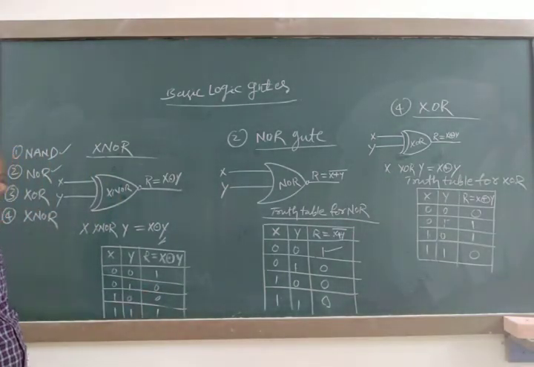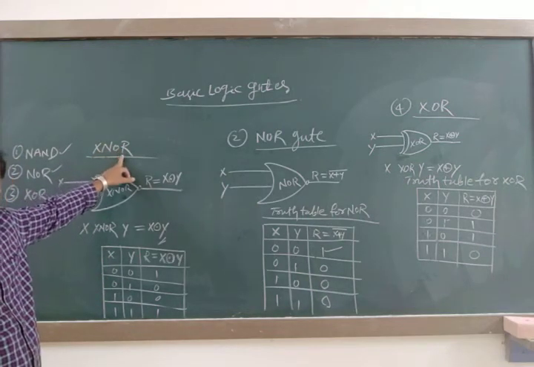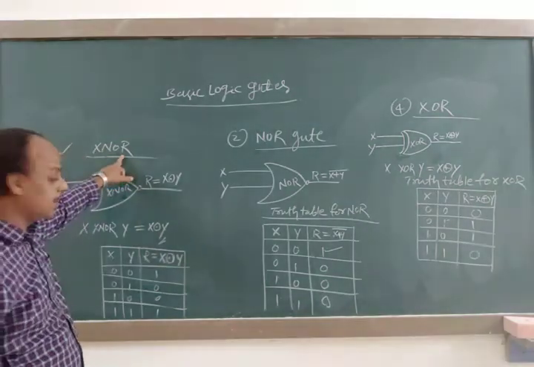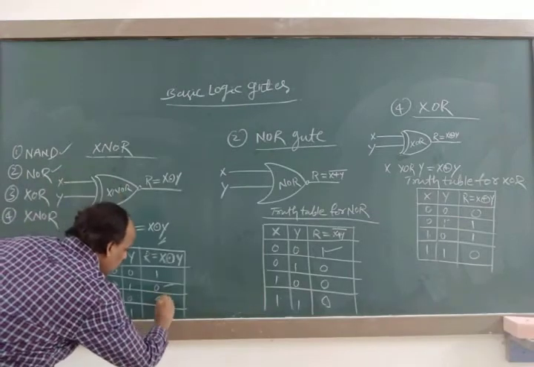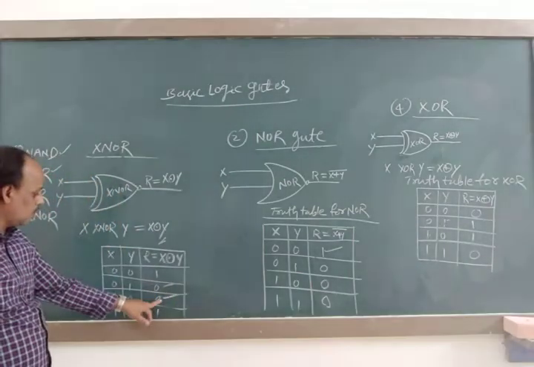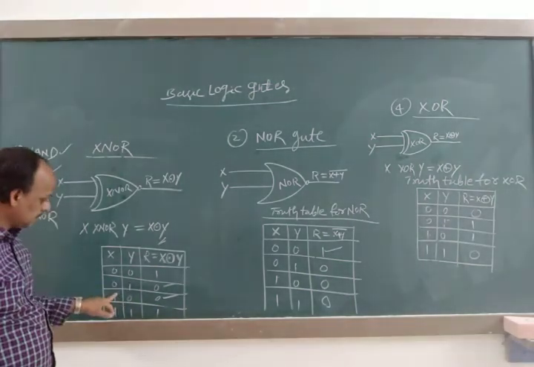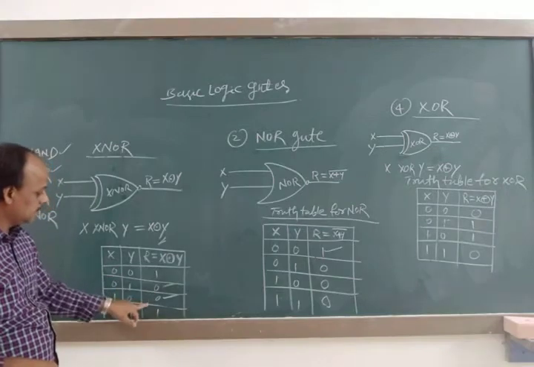Otherwise, we can also define XNOR gate. It is one of the derived gates in which the output is low for an odd number of ones. In other cases, the output is high.